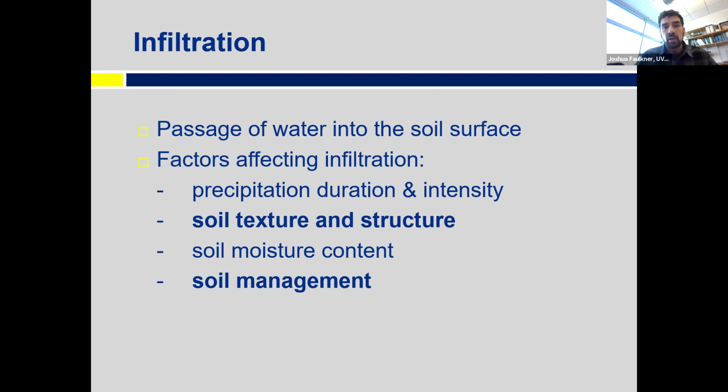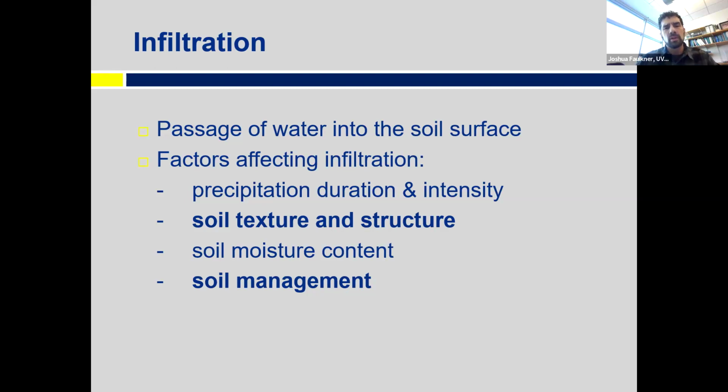In particular, infiltration is affected by precipitation duration and intensity, soil texture and structure, soil moisture content. What's the moisture content of the soil before the rainstorm occurs affects infiltration. And then soil management.